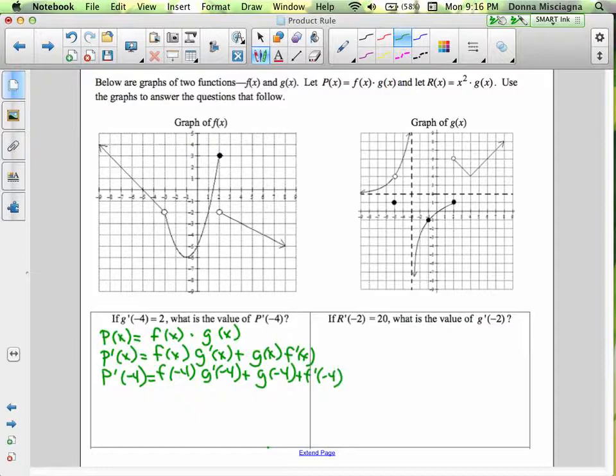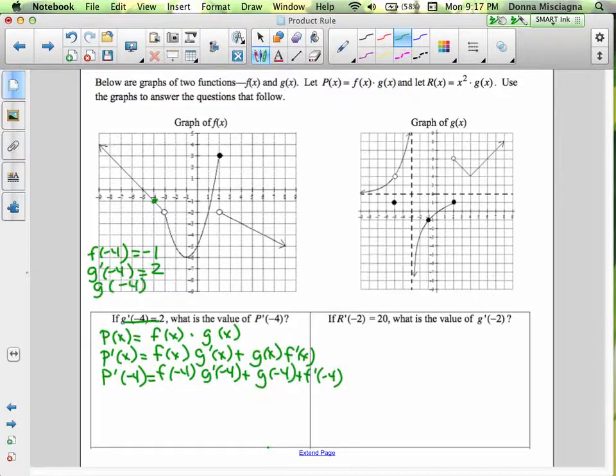So f of -4, well, you just go to the graph. f of -4 is -1. Now we need g prime of -4, and they told us that. That's 2.